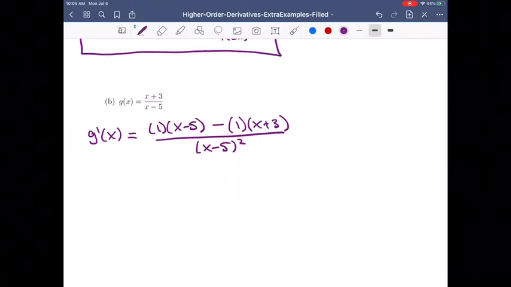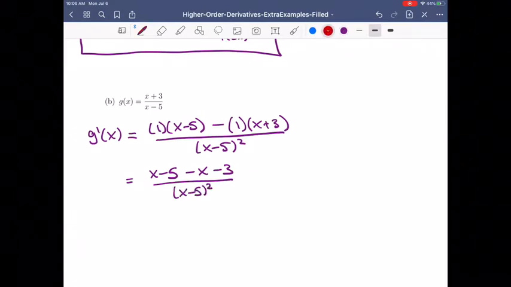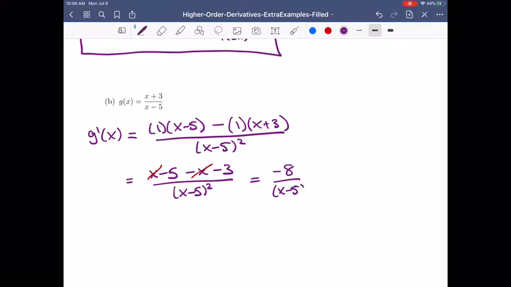Now when I simplify, I get x minus 5 minus x minus 3 over x minus 5 squared. Notice that the x and the negative x cancel. So I actually get negative 8 over x minus 5 squared. Okay, that's my simplified version.